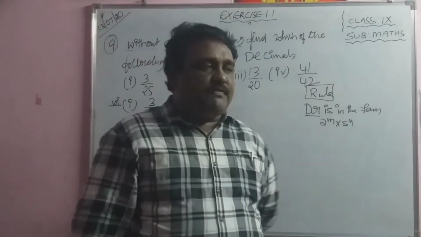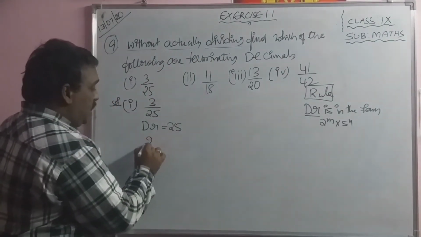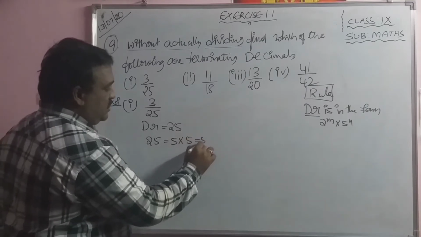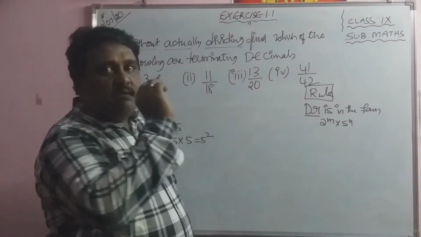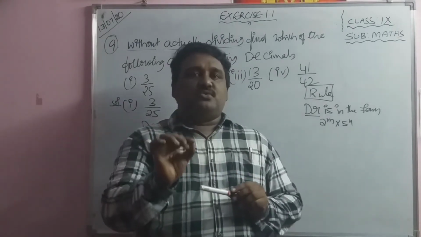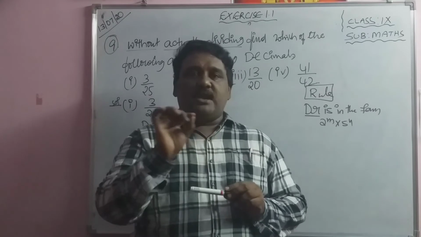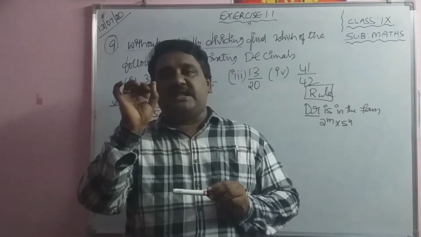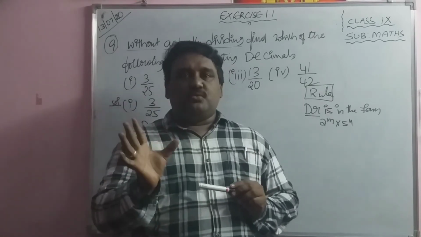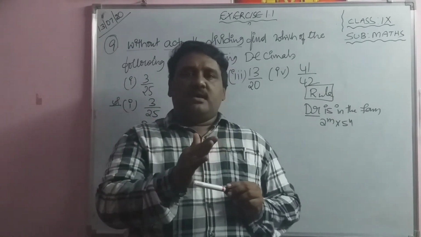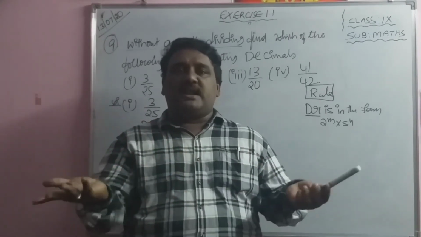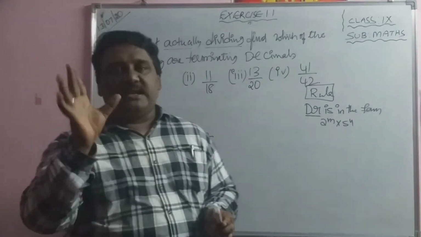Denominator is 25. How to write 25? 5 into 5 equal to 5 square. What is the rule? If the denominator contains either 2 or 5 or both, then only it is a terminating decimal. So only 2 is there, or only 5 is there, or both are there, then only it is a terminating decimal.